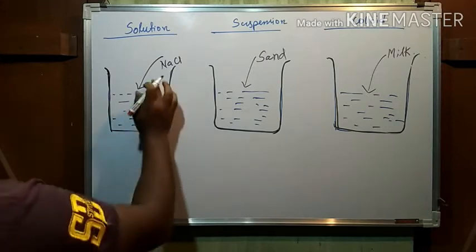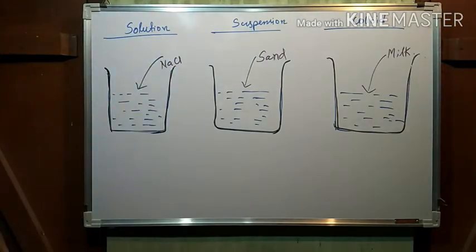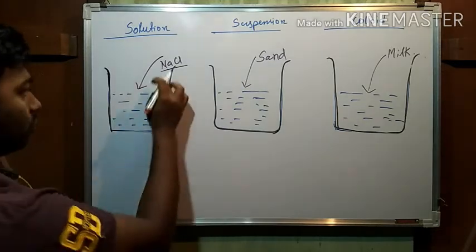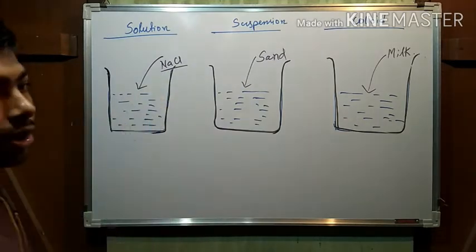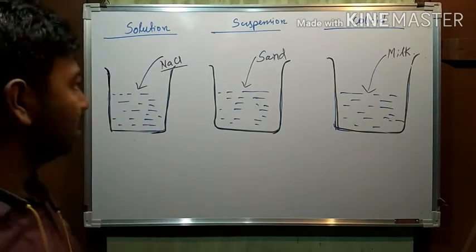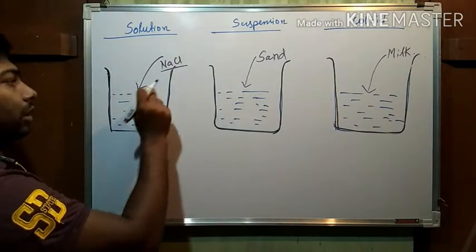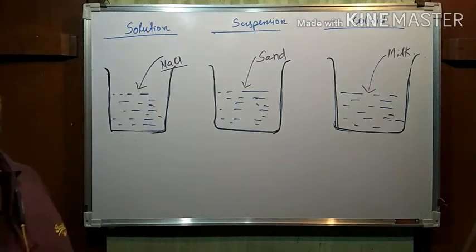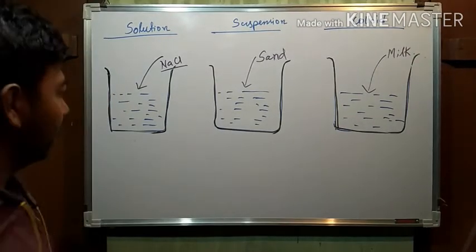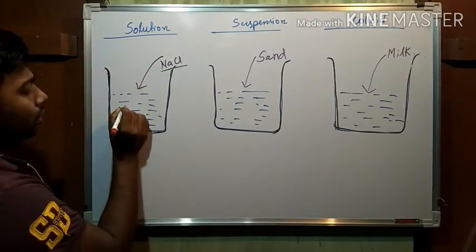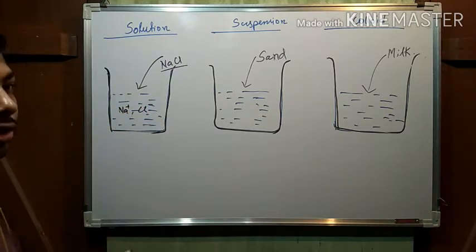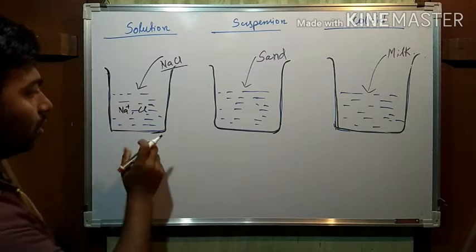The first beaker, which is a solution, when we add sodium chloride to a beaker containing lots of water, obviously the sodium chloride will dissociate and produce a clear solution of sodium chloride, and the solution contains Na positive and Cl negative, which is mixed throughout the solution.